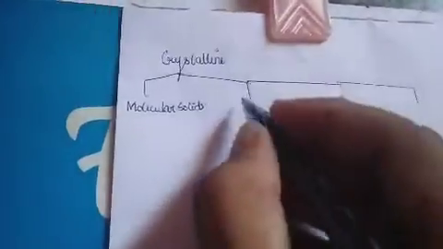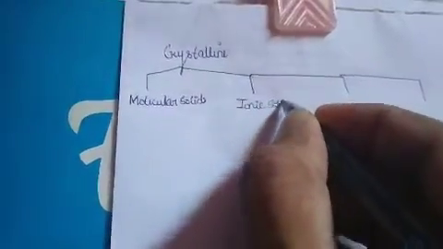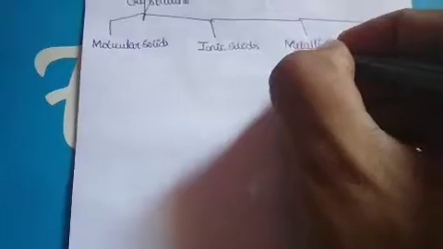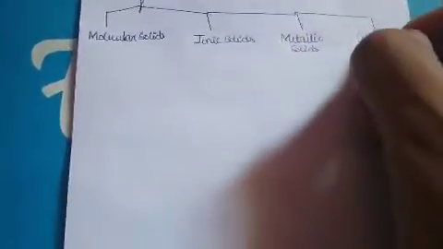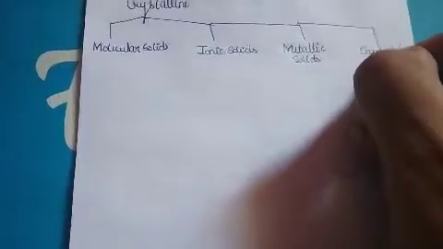First one is called molecular solids. Second one is called ionic solids. Third one is called metallic solids. And the fourth one is called covalent or network solids.